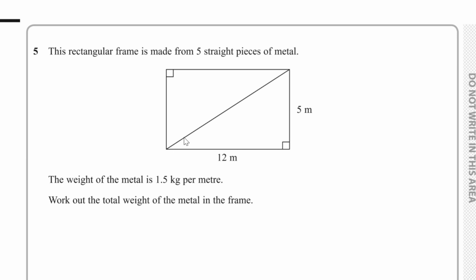We need to find out the total length of all of this frame. So for that, we need to find out the length of the diagonal over here. And we can find that out through Pythagoras. So if I call this side x, then x squared is equal to 12 squared plus 5 squared.